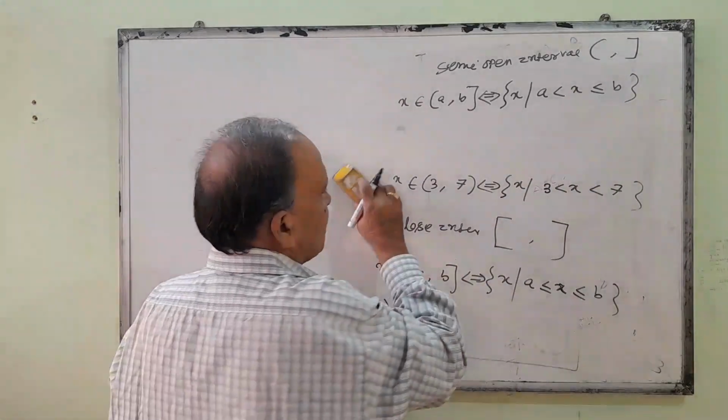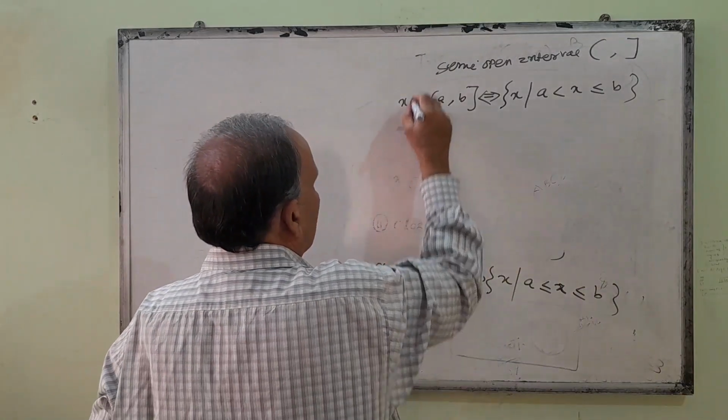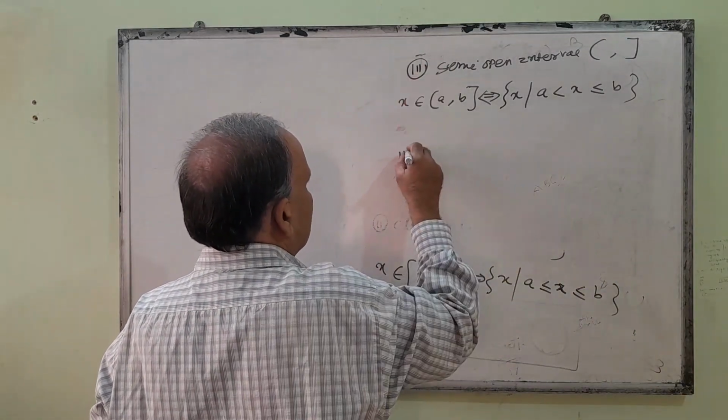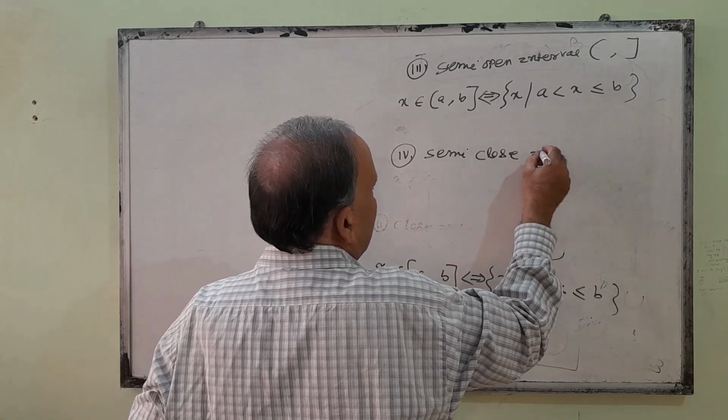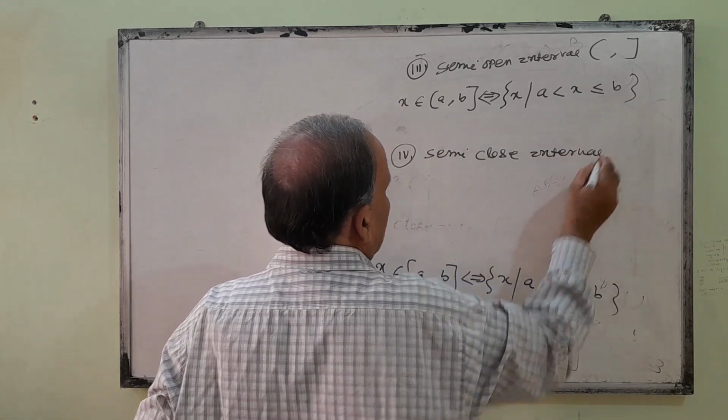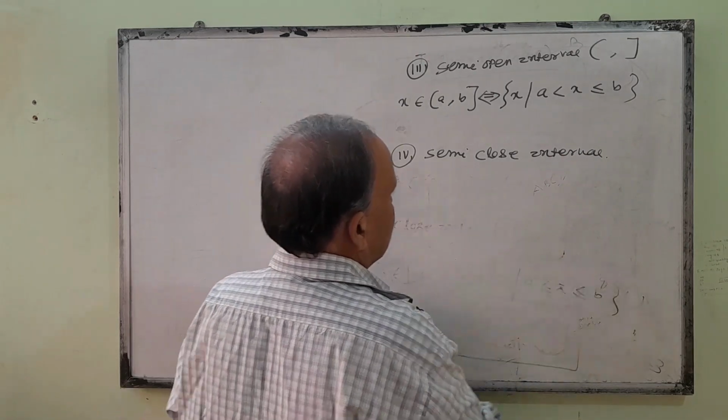Next come to your semi-closed interval. This is your third and this is your fourth. The semi-closed interval is like this.